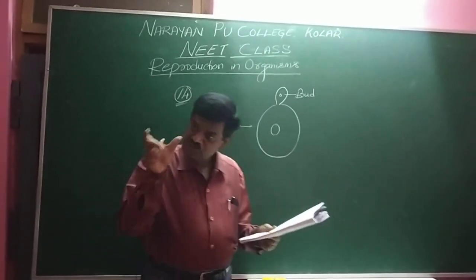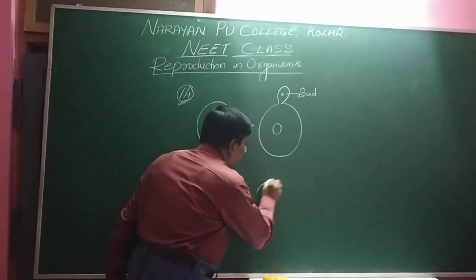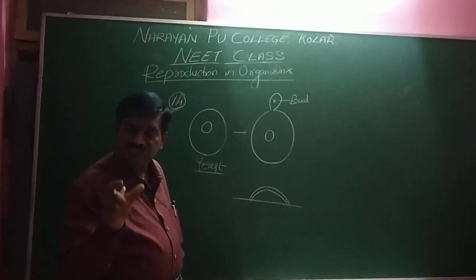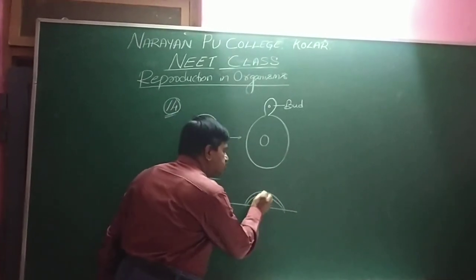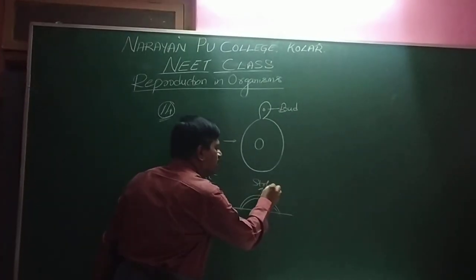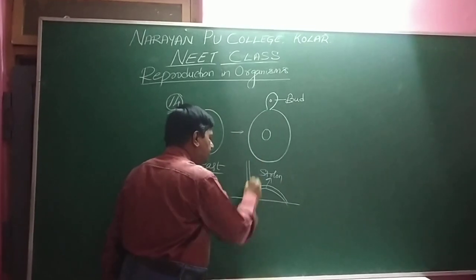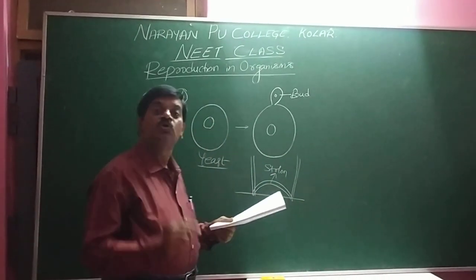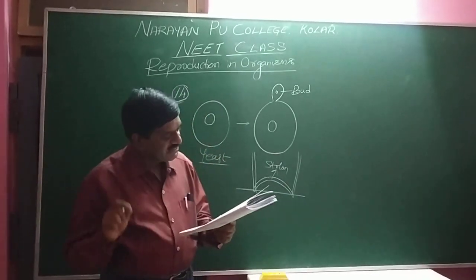Because here we take a jasmine stem and both the edges of the stem are dipped in the soil. This is also called stolon type of reproduction. Here the plant will continue to grow. So this is usually called the process of layering.